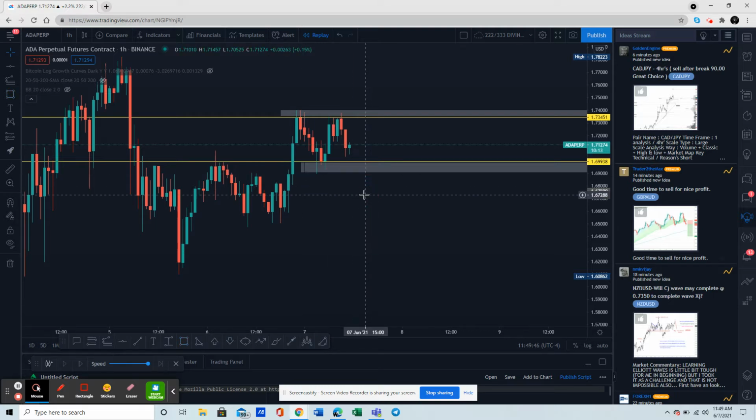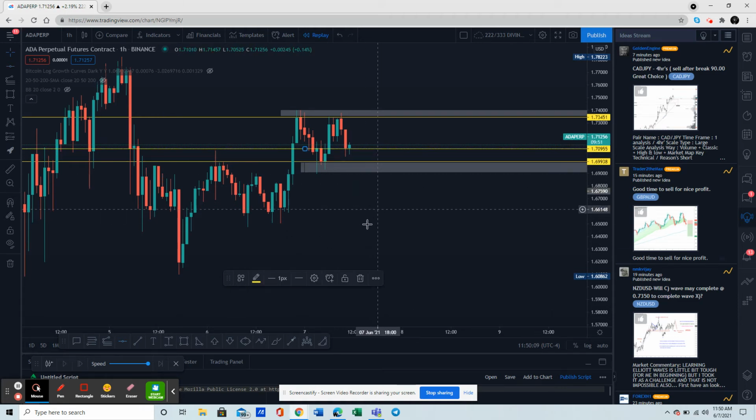So if we would be trading these, we know that price can come into this zone, okay? But the real resistance is here and the real support is here. Now you've got multiple levels of support and resistance throughout the chart.